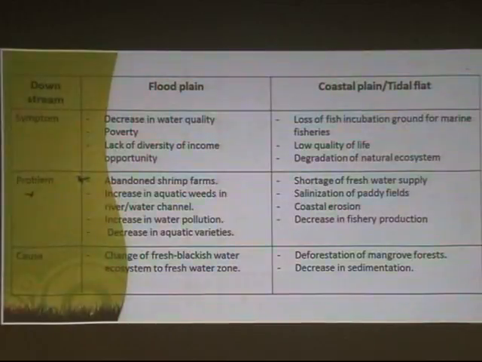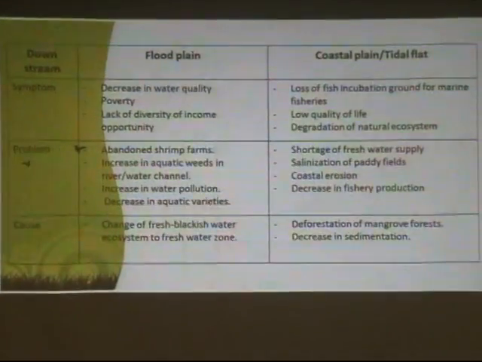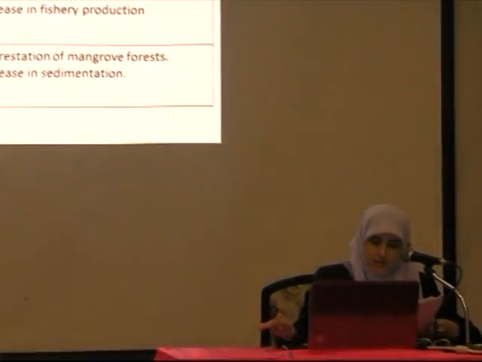Many cumulative impacts from the dams have been identified, such as aquatic species decline, increase in water pollution, increase in aquatic weed, abandoned shrimp farms, and coastal plant and tidal flat loss, causing many cumulative impacts. A decrease in fishery production, coastal erosion, salinization of paddy field, and shortage of freshwater supply have been identified.